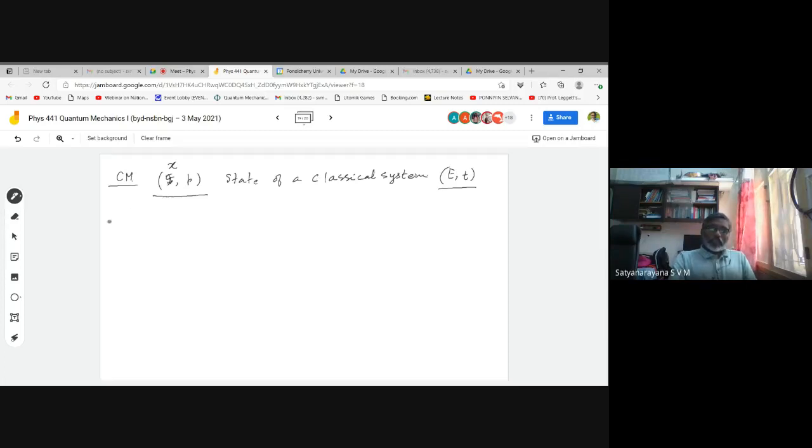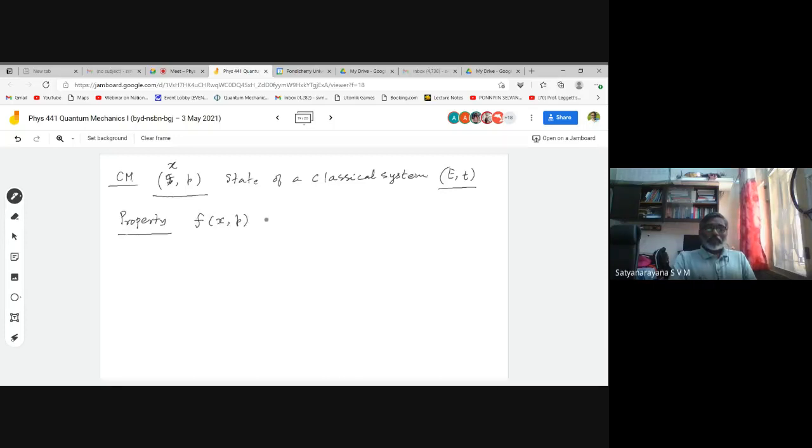Now the structure in classical mechanics is something like this. You have X, P as the state, and then a property of the system is always written as a function of x comma p.